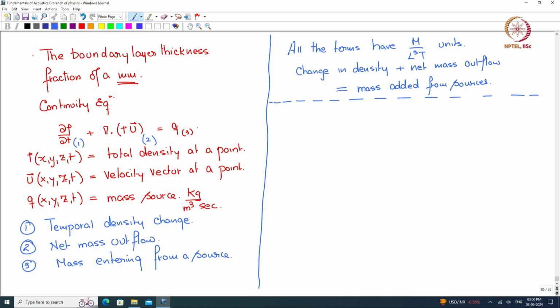The next is momentum balance, the Navier-Stokes equations.